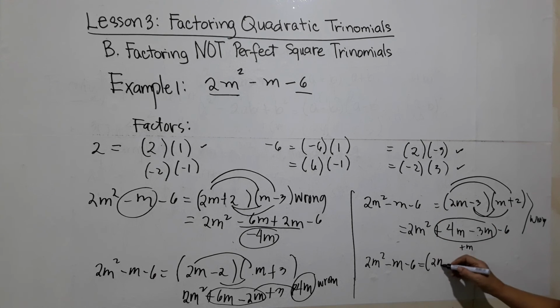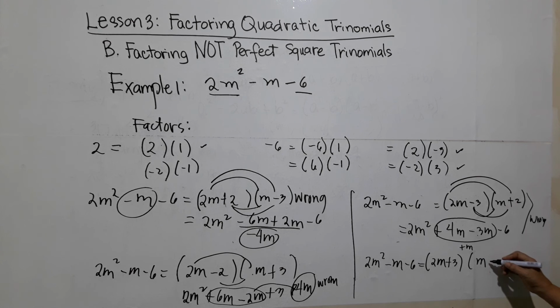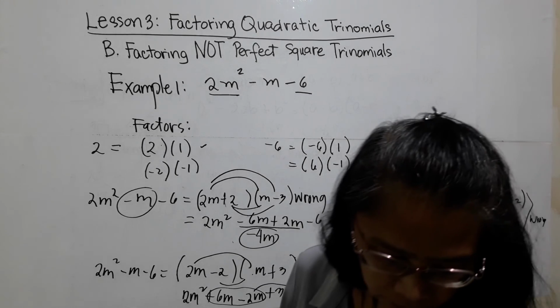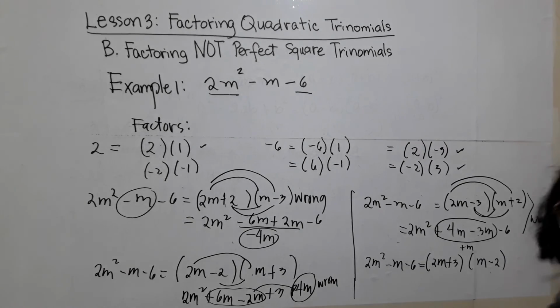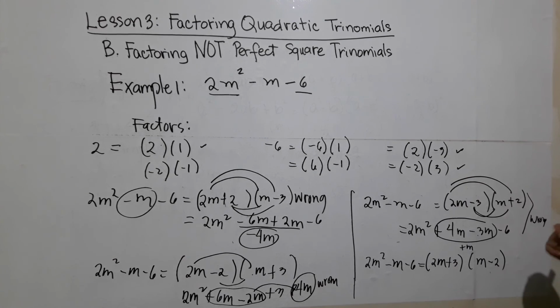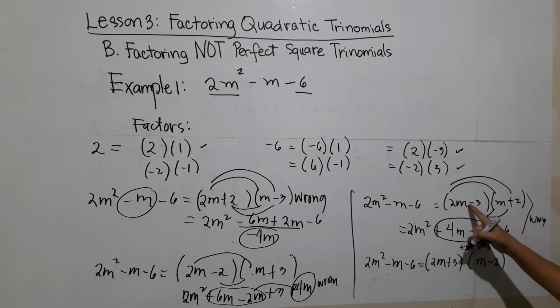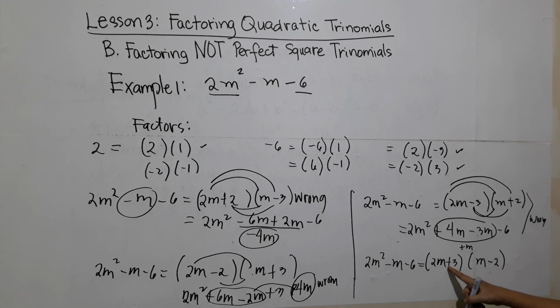2m squared minus m minus 6 equals 2m, then m here. What about if this is positive and this one is negative? Positive 3, negative 2. Let us try. So instead of having negative 3, I use positive 3 this time.